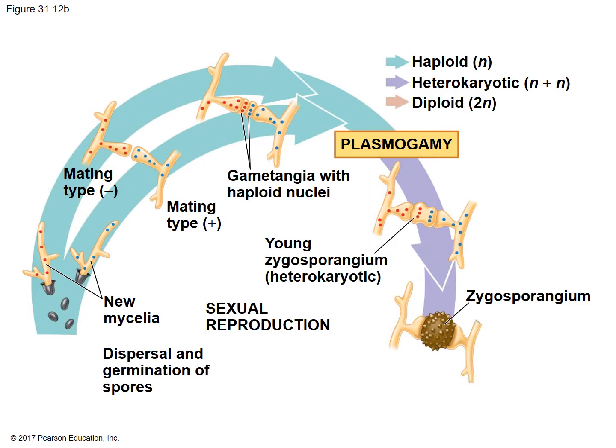If we look at the generalized sexual life cycle of the Zygomycota, we start out with spores. These are haploid spores, which are eventually going to germinate when they land on the ground. We can assume these belong to two different fungi, genetically different, because you can see that they have different colored nuclei.